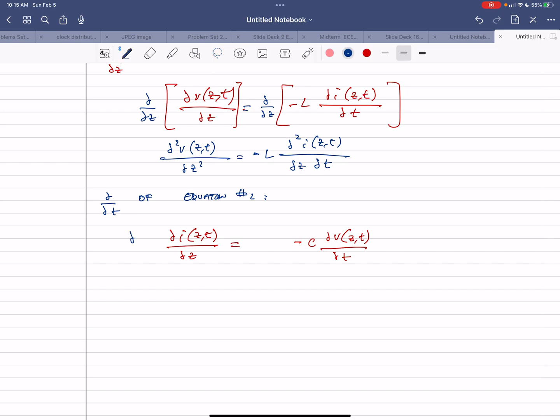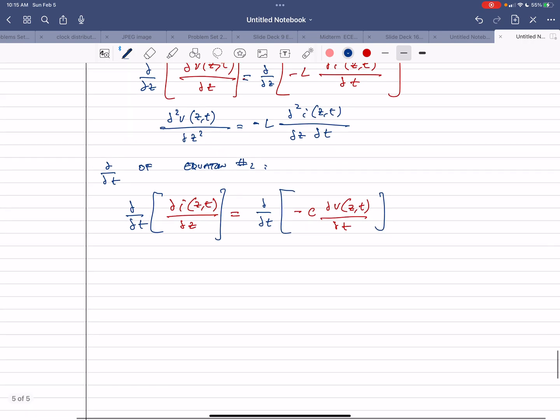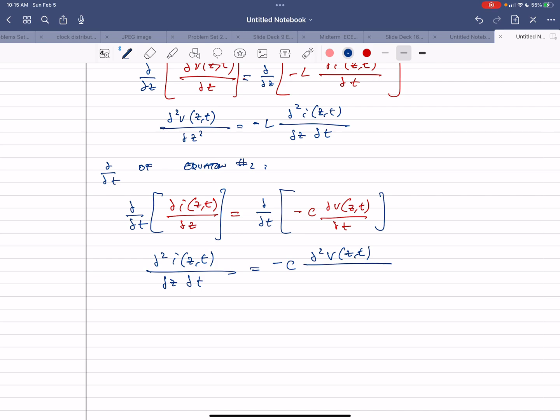So I'm going to take the derivative with respect to time of this side, and same on this side. I end up with the double derivative of I with respect to z and t, and then minus C, the double derivative of V(z,t) with respect to just time.